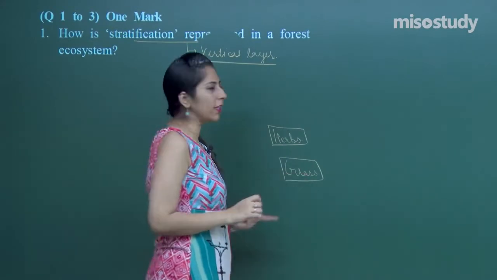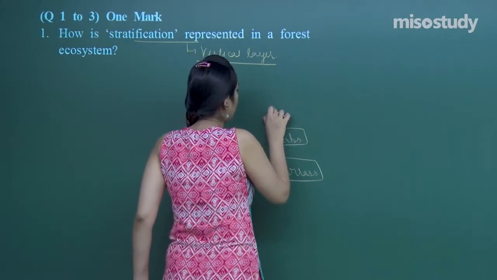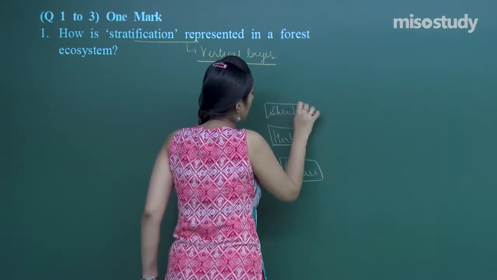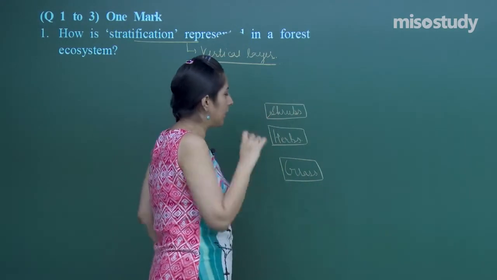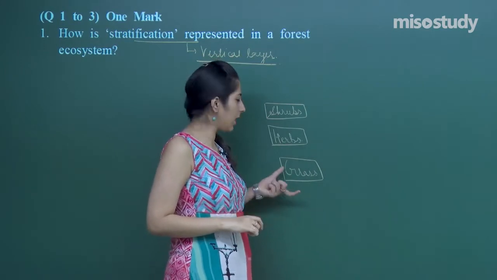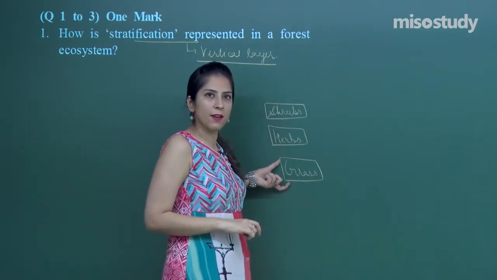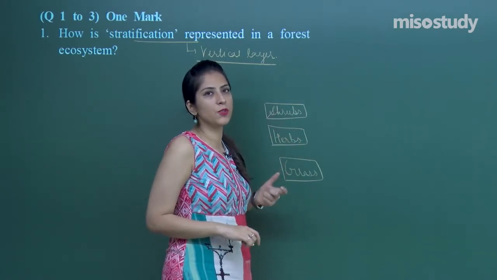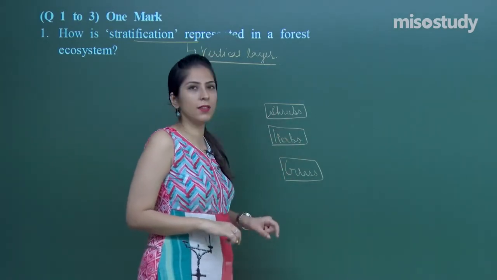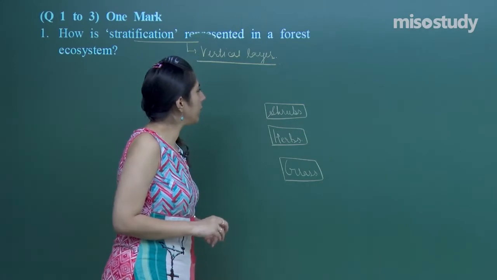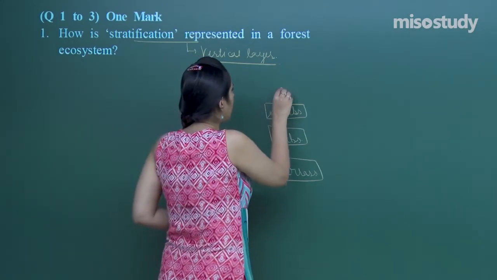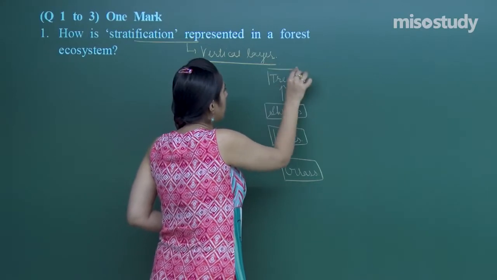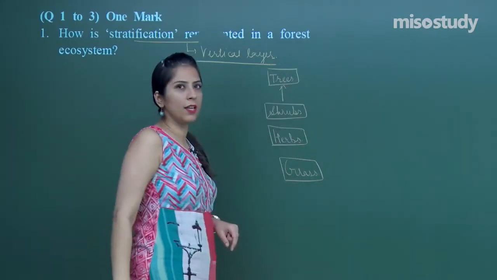After the herbs we can see shrubs. The height of grasses is very low compared to the herbs. The height of shrubs is much more than that of herbs and grasses. After that we can see the trees. This is called vertical layering.